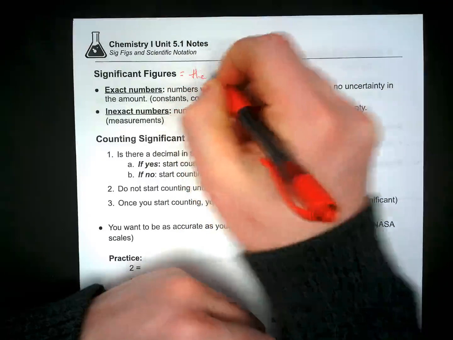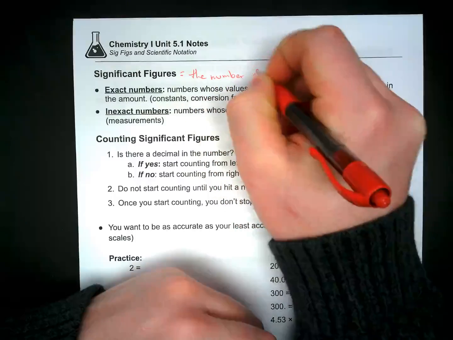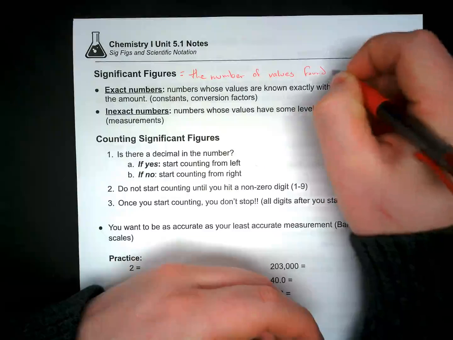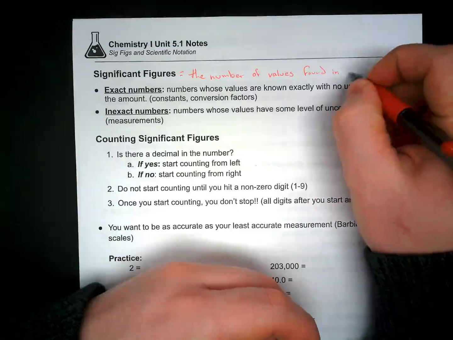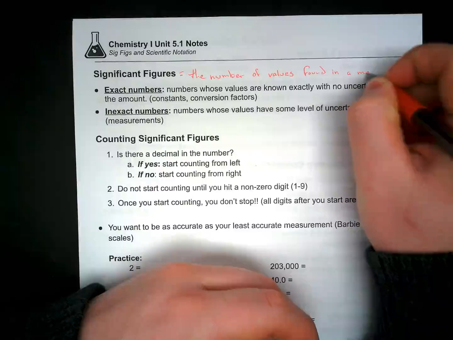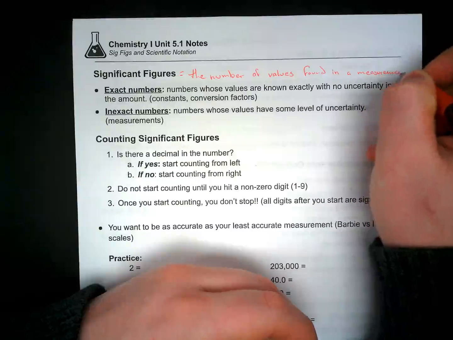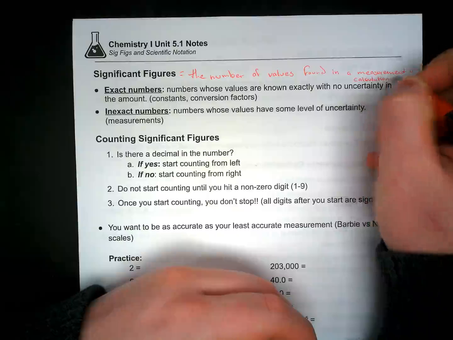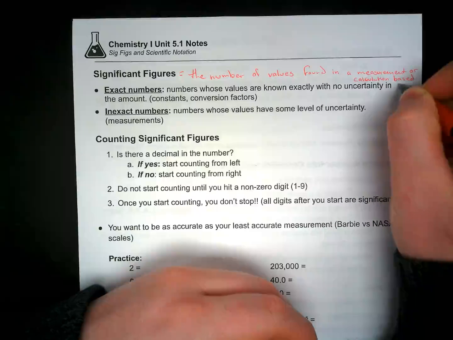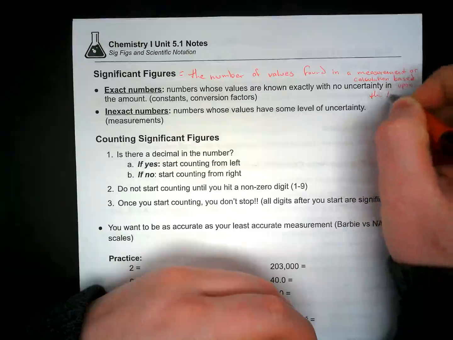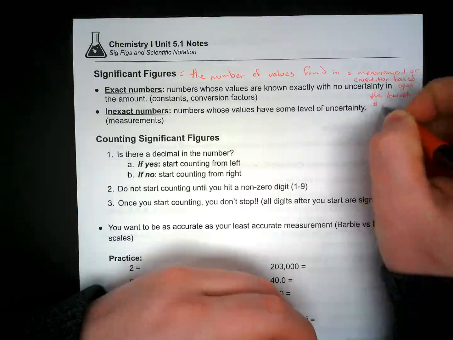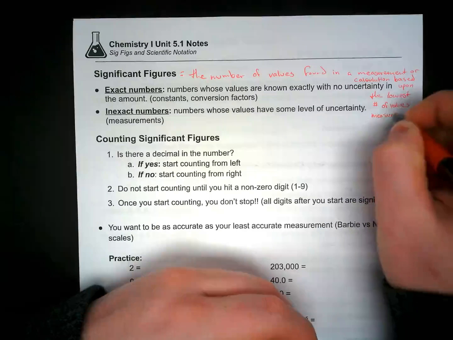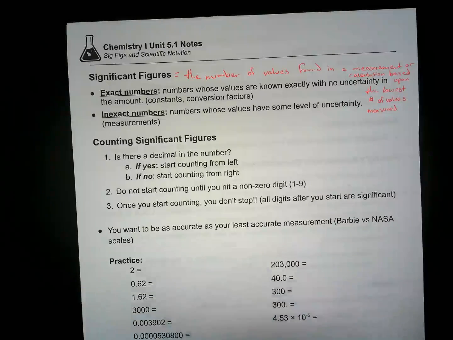These are the number of values found in a measurement or calculation based upon the lowest number of values measured. So what does that mean? Well, it means, just real quick, it means this.